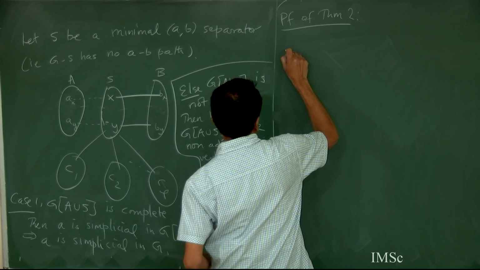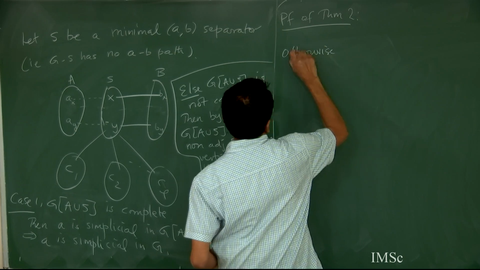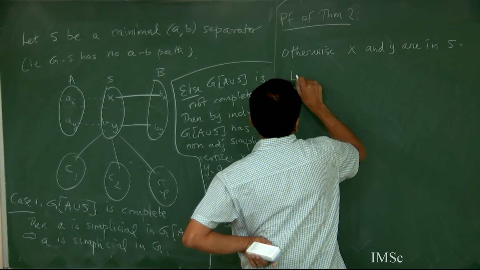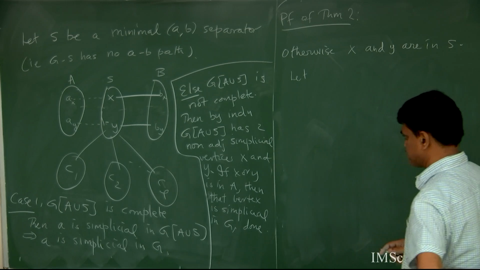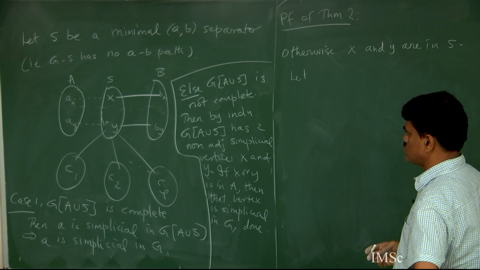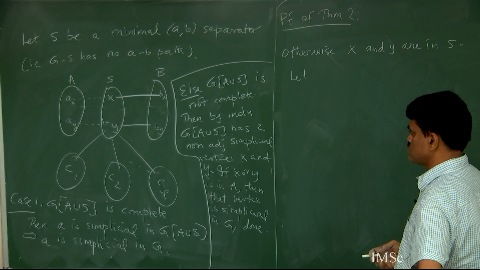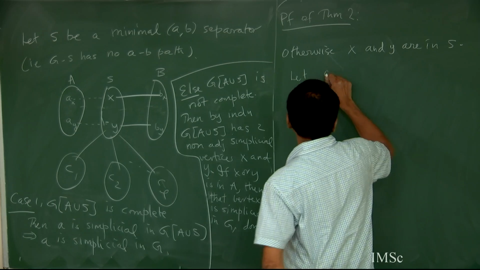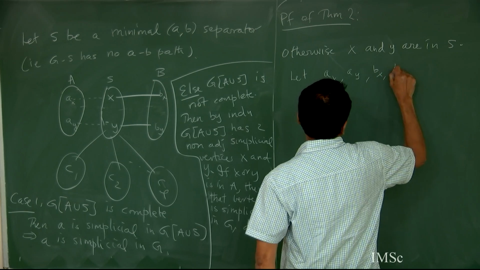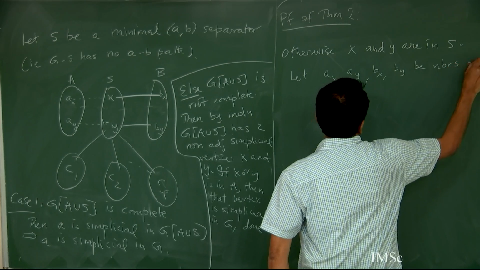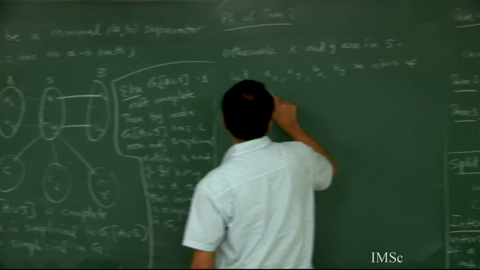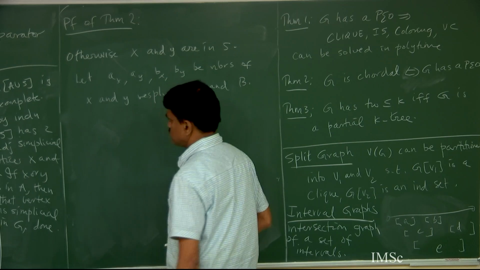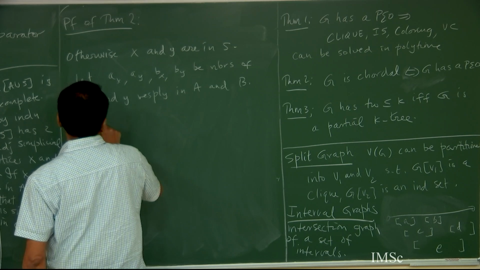Otherwise, x and y are in S, so let Ax, Ay, Bx, By be neighbors of x and y respectively in A and B. They exist because S is minimal.